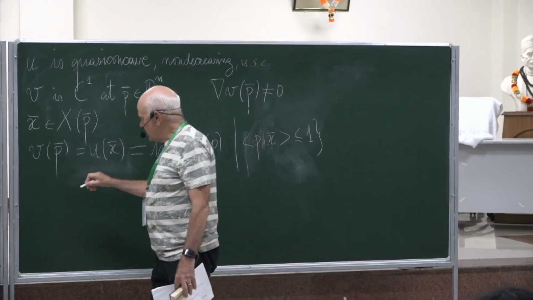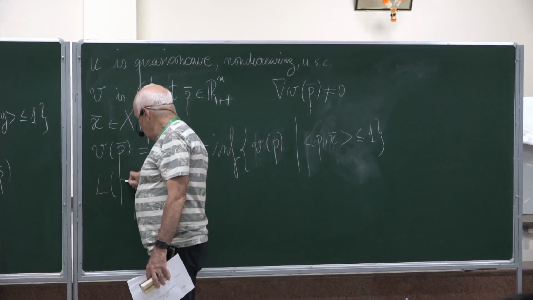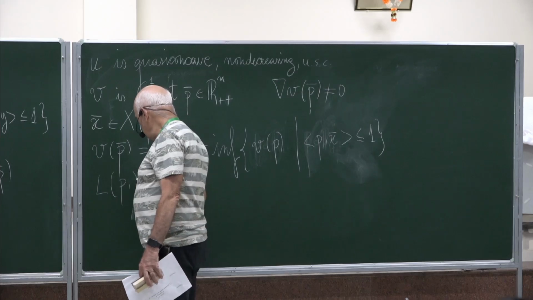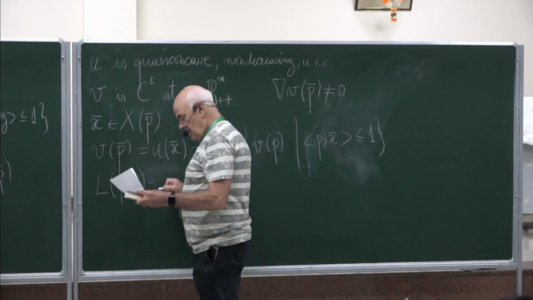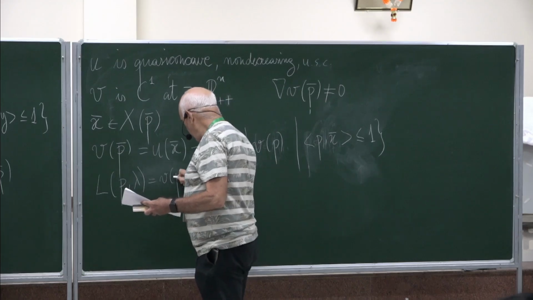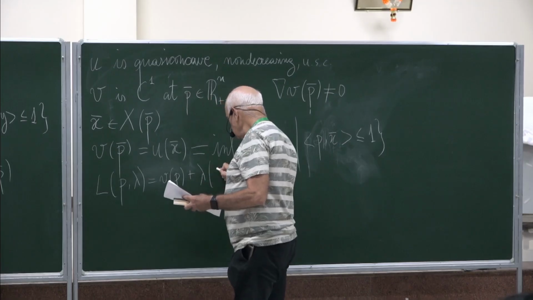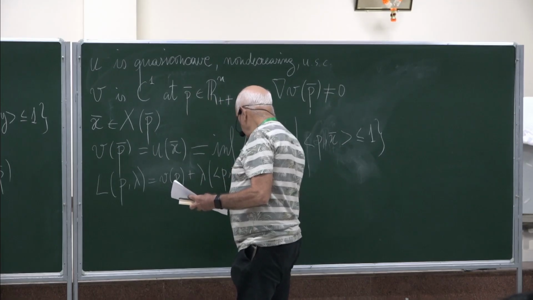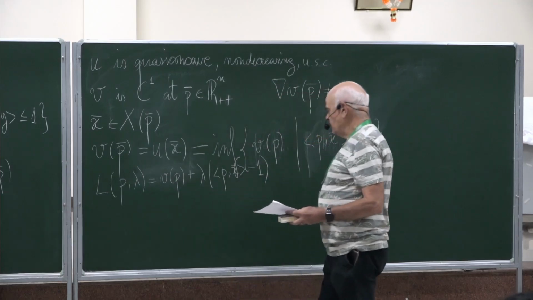So let us write the Lagrangian. The variables are P and the Lagrange multiplier, which is lambda, and this is V of P plus lambda times (P x bar minus 1).